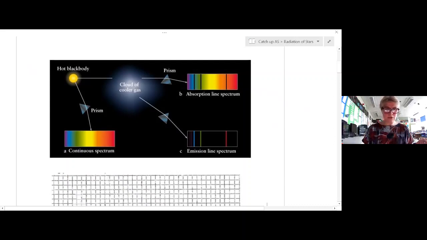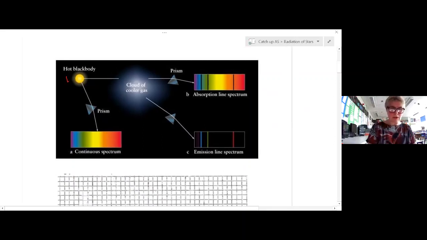And in radiation of stars, when we've got a distant star and that passes through an interstellar medium around that star, we don't usually use a prism, we usually use a spectroscope here on Earth to split the white light into a continuous spectrum.